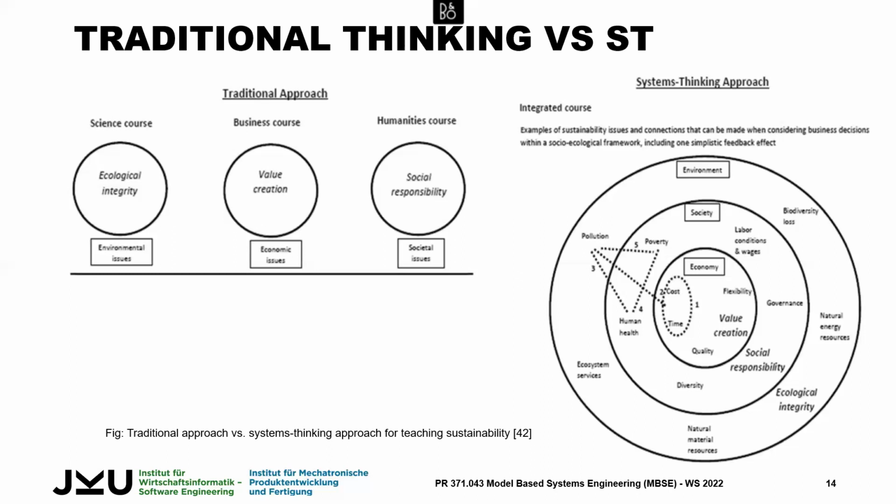And I will go to a very interesting slide. I think there you will understand how this system thinking actually works and why we should think in this way. So here you see the environment. They're teaching something about environment, then society, then economy, and you see there are many other things that also have an impact on the overall sustainability.